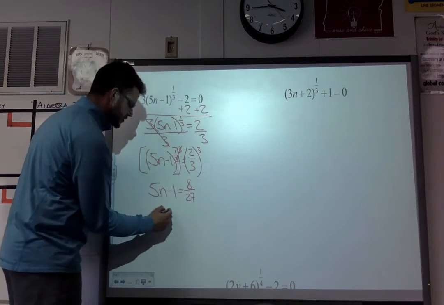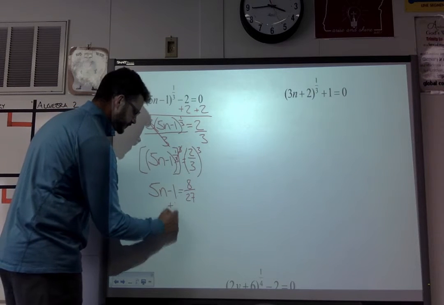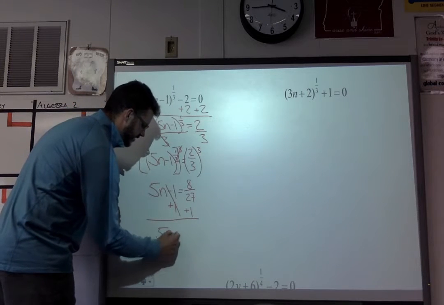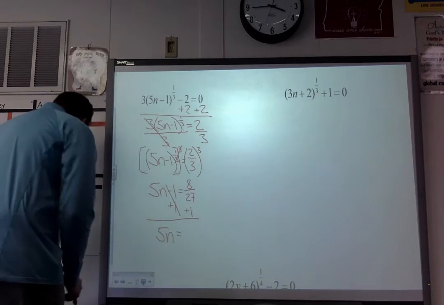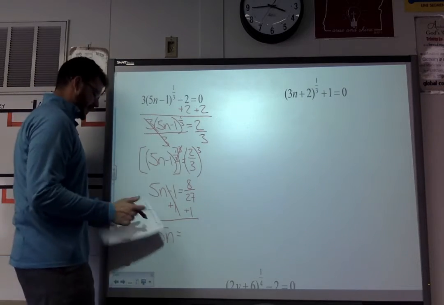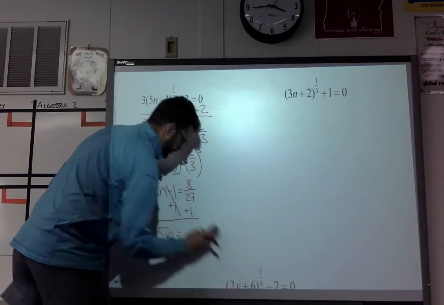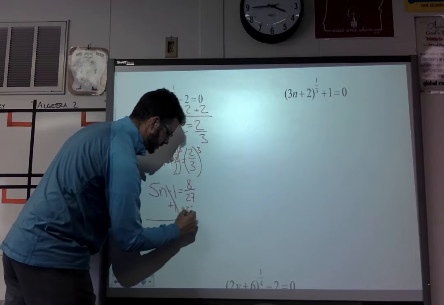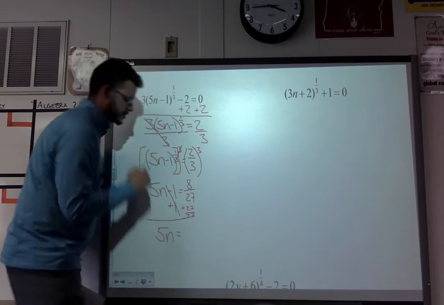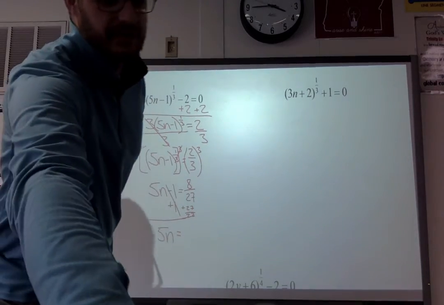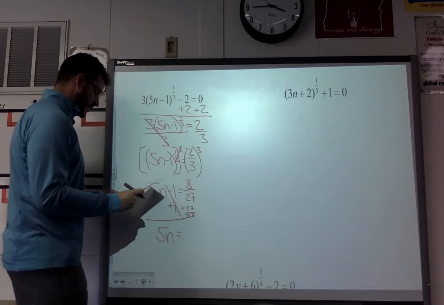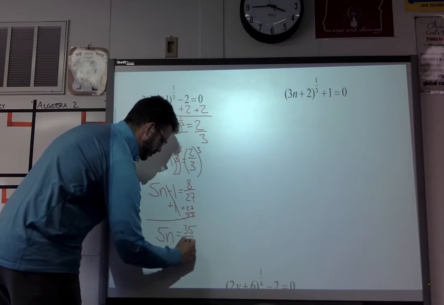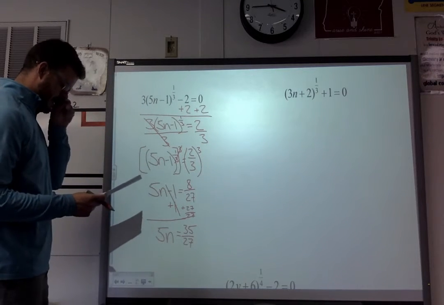Then I'm going to add 1 to both sides. So I'm left with 5n equals, now here remember, if we're adding 1, since it's a fraction, instead of adding 1, I could also say plus 27 over 27. So 27 plus 8 would give me 35 over 27.